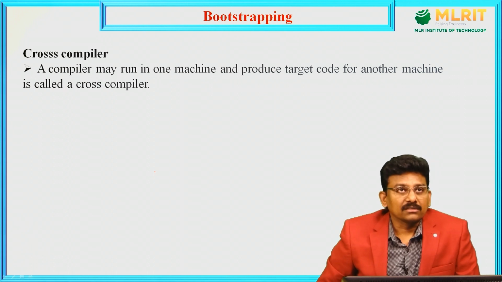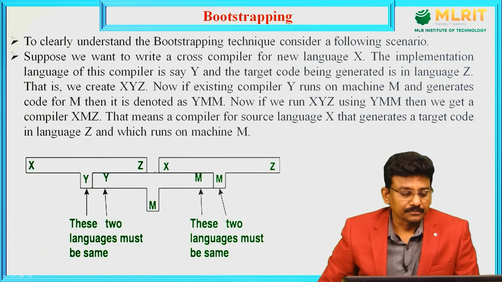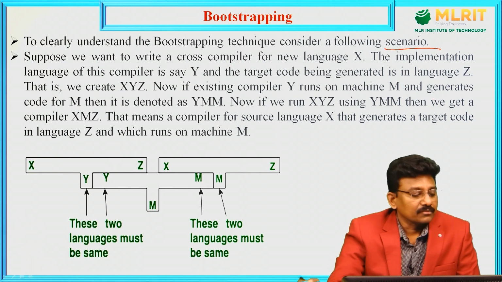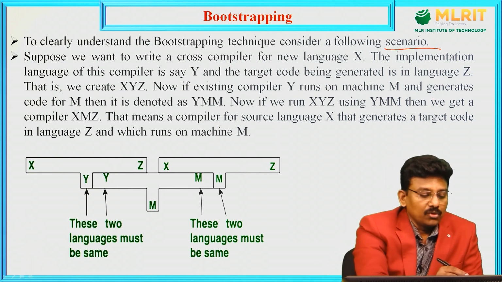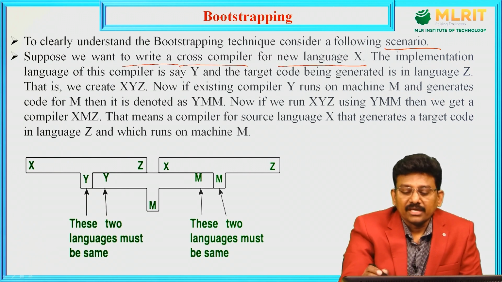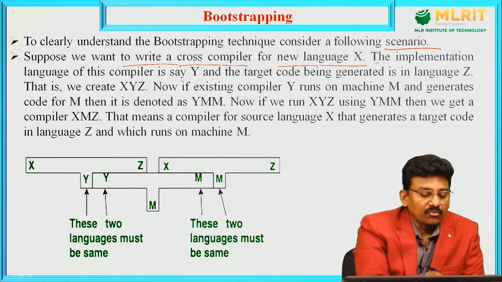Next, a cross compiler. A compiler that runs on one machine and produces target code for another machine is called a cross compiler. To clearly understand the bootstrapping technique, consider the following scenario. Suppose you want to write a cross compiler for a new language X. X is the new language, the source language.